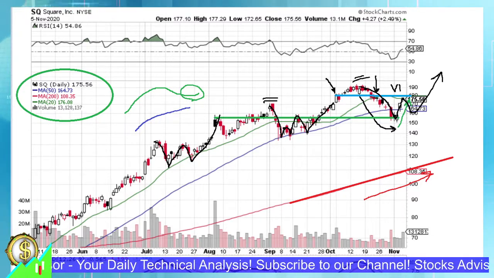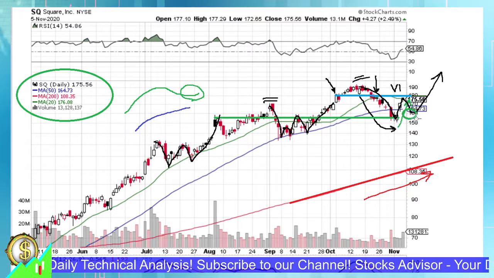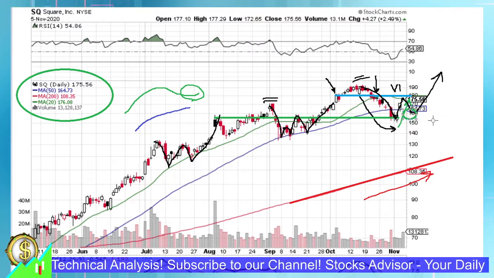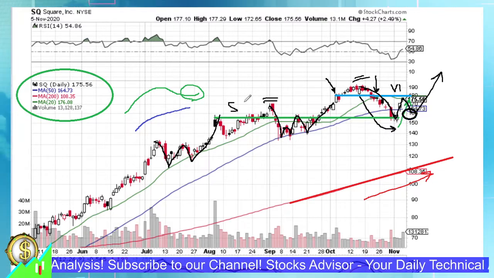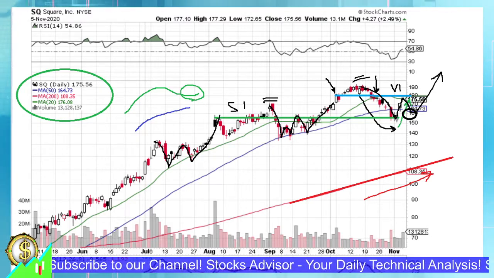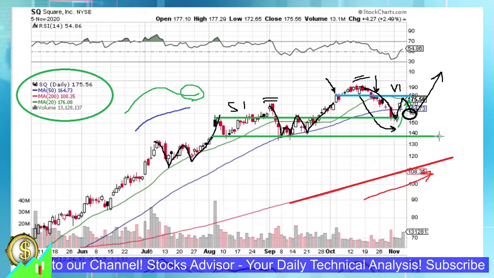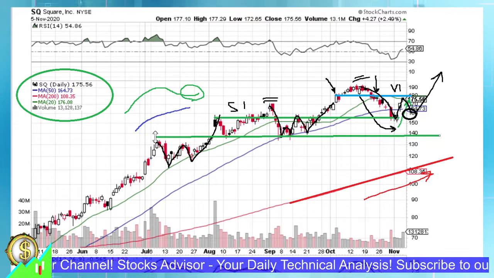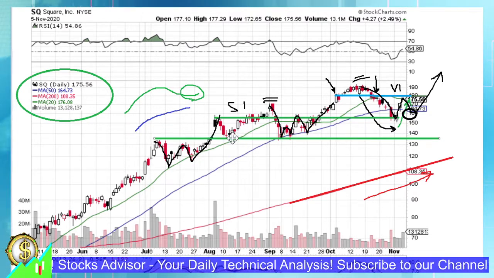And having said that, everything below moving average 50, sorry, and this current support line, the green one, let's call it S1, would be the first entry point for the stock. And should the price, just in case, go further down, of course, we have here another support line on these levels, which we can use to average down.